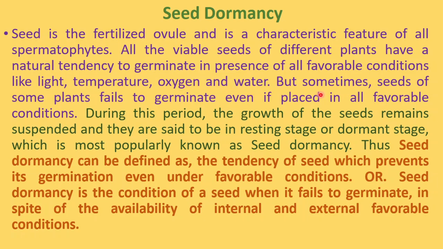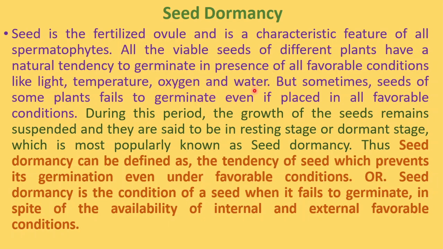But sometimes seeds of some plants fail to germinate even if placed in all favorable conditions. So sometimes the seeds will not germinate though they are stored at, or provided with, all favorable conditions, like required light, required temperature, oxygen and water.